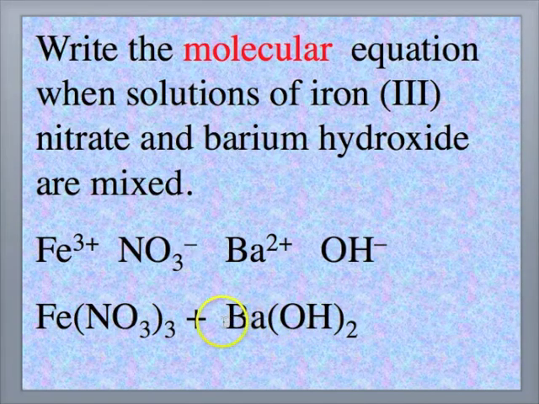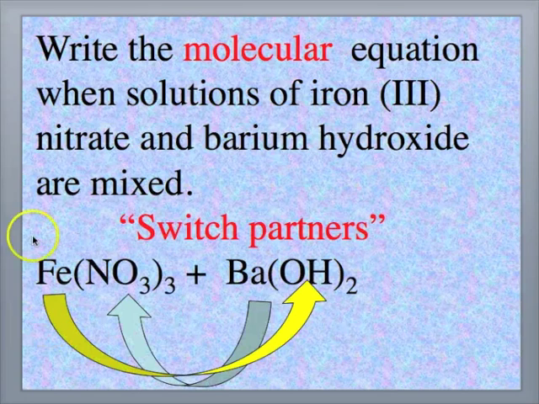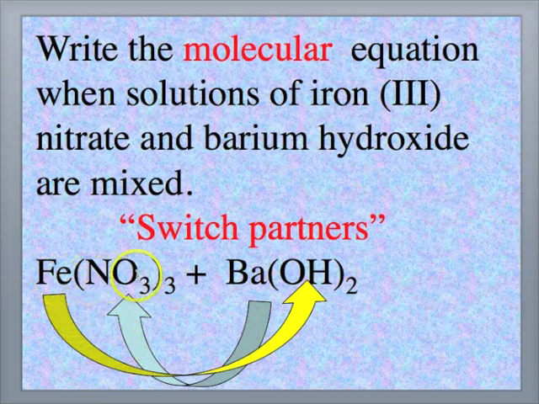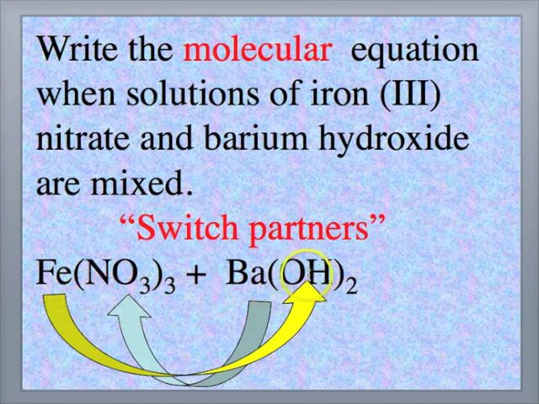What happens when these react? Well, this kind of reaction in ionic solutions is called a double displacement reaction. And what really happens is that the ions switch partners. The iron, which was connected to the nitrate, goes off and bonds to the hydroxide.